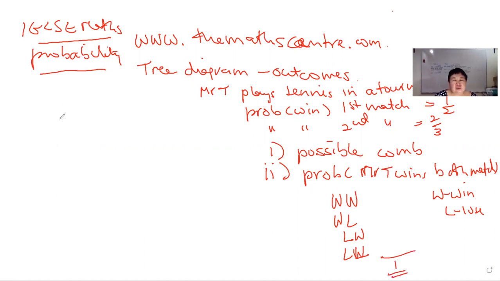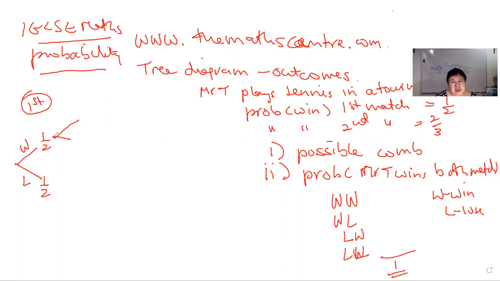So the beauty of a tree diagram is to draw it out. This is the first match, first game. W denotes win, and L denotes lose. Given that the probability of winning the first match is half, therefore the probability of losing is also half. After all, half plus half is 1.